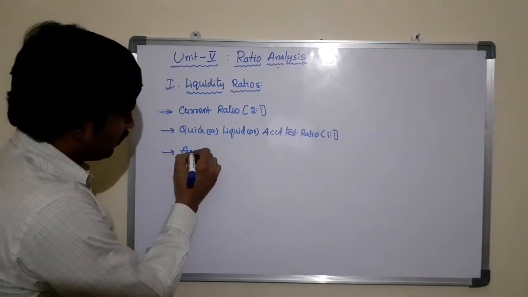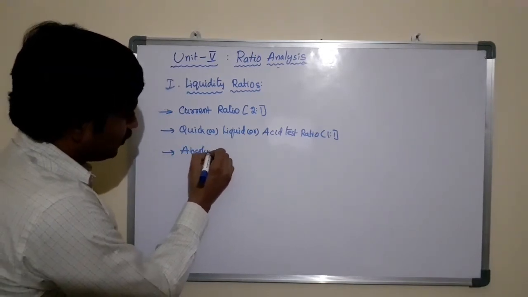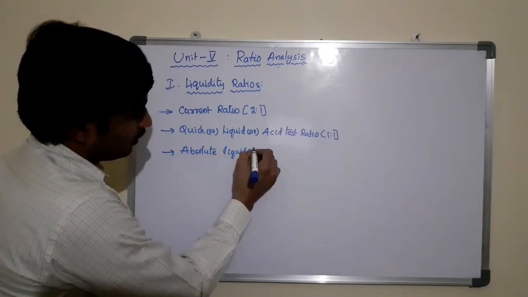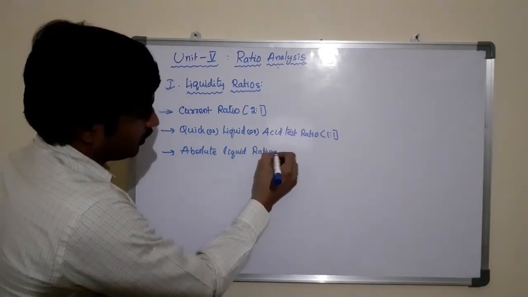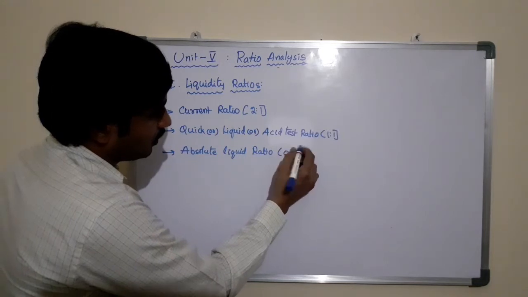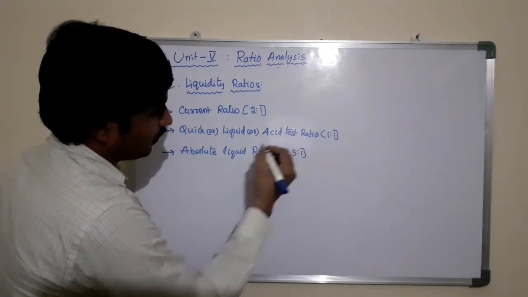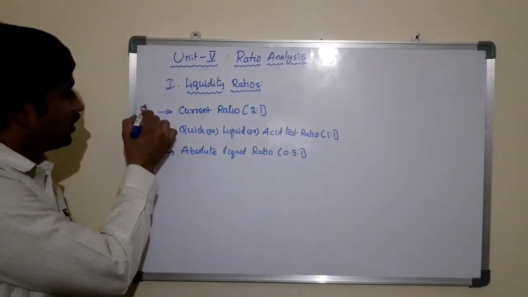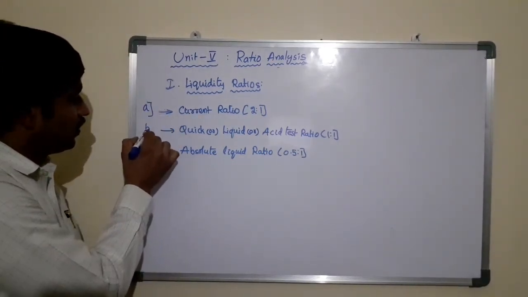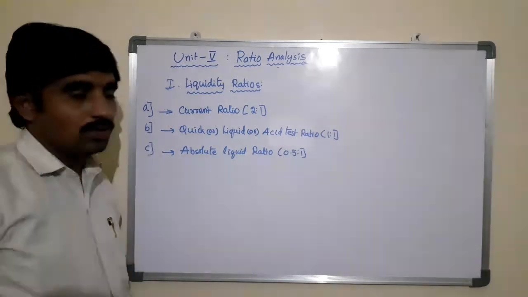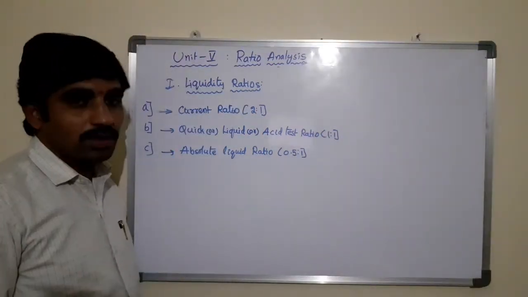The third is the absolute liquid ratio, whose standard is 0.5:1. So these are the three types of ratios to be calculated in order to know the liquidity position of the company.